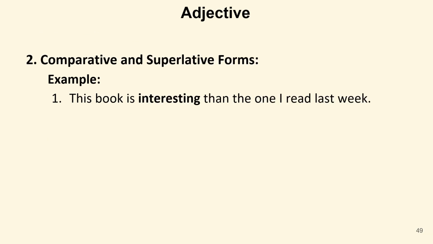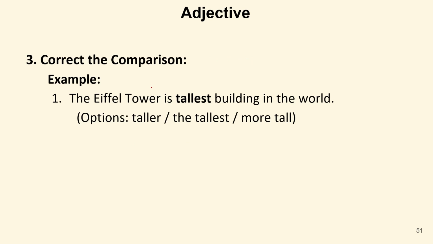Comparative and superlative degree forms. This book is interesting than the one I read last week. If the comparison is being done, it should not be interesting. Interesting is a positive degree where we have to use comparative degree here. So it should be more interesting.